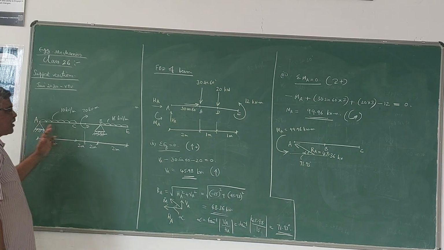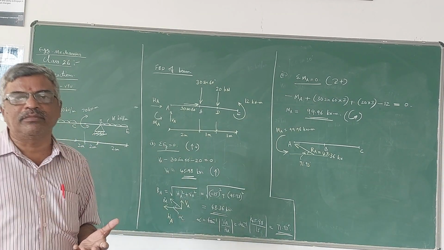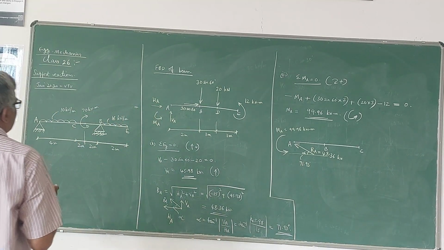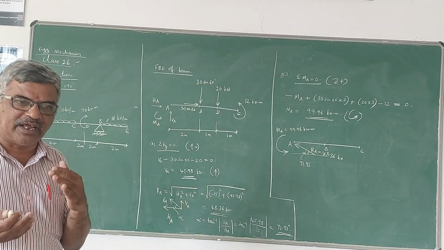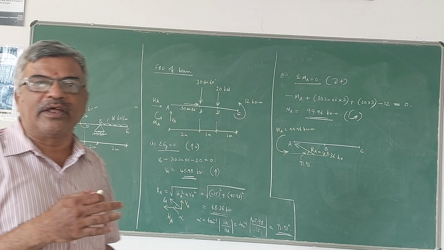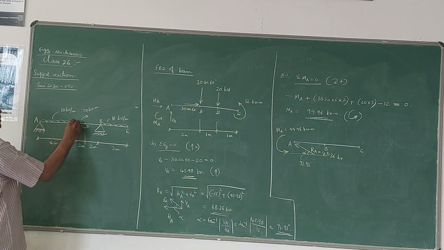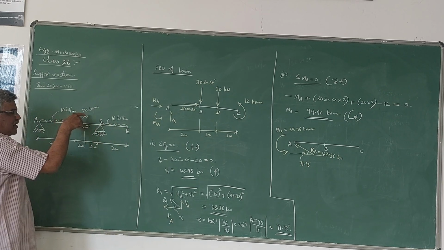Since in this problem there is no inclined force on the beam, it doesn't have any horizontal reaction. Only if an inclined force is given, or any horizontal load is given, will a horizontal reaction develop. In this problem, AC is a vertical UDL, BE is also a vertical UDL, and there is an external moment.